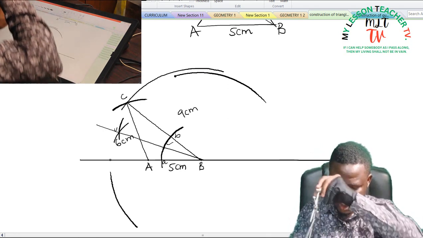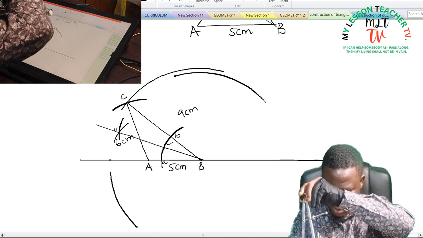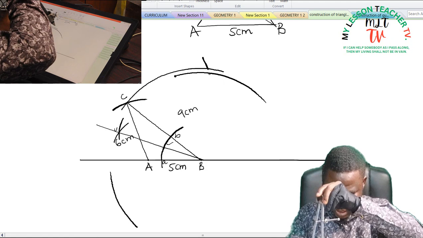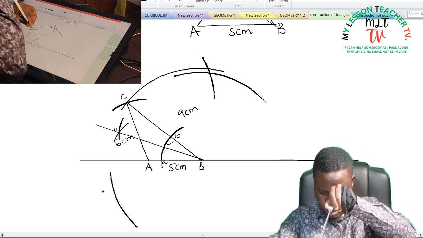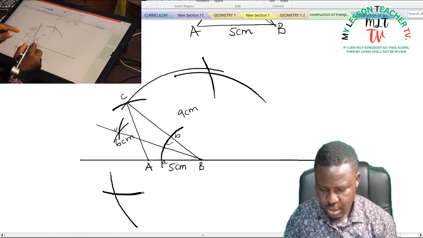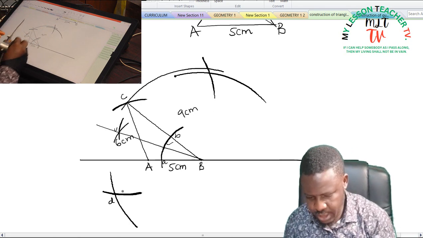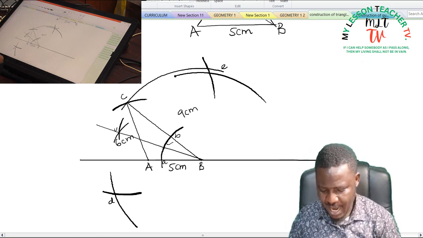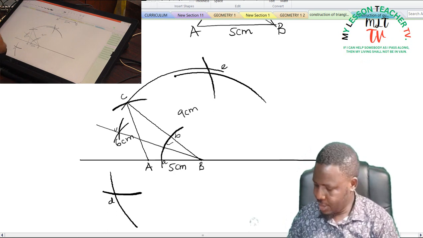With that same radius, with C as center, you do the same. Construct an arc this way and this way. Now call these D and E. You now join E and D.